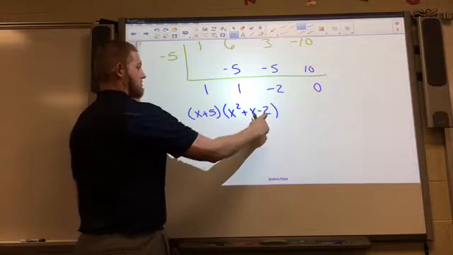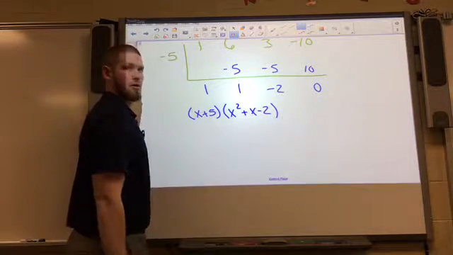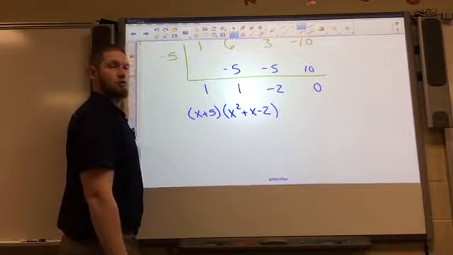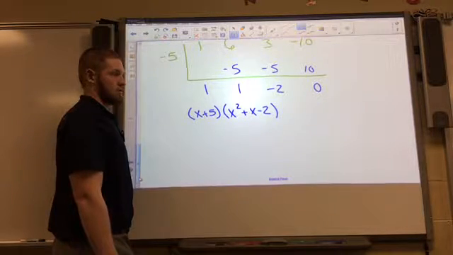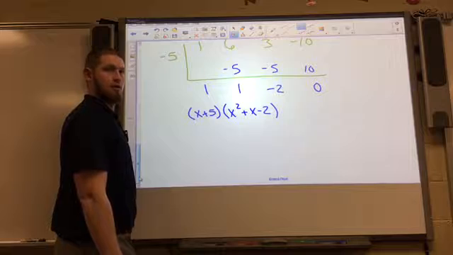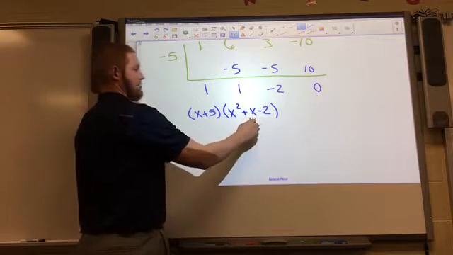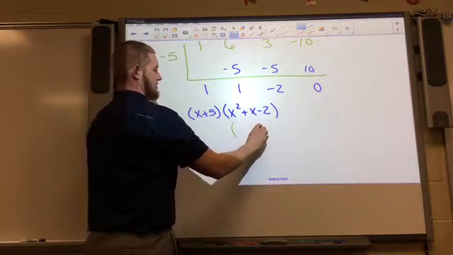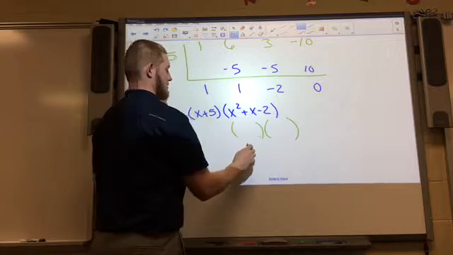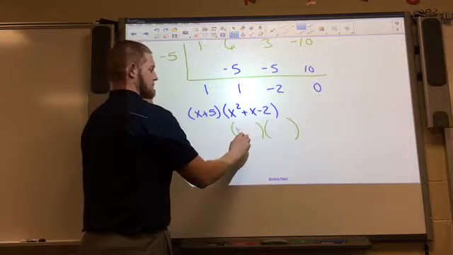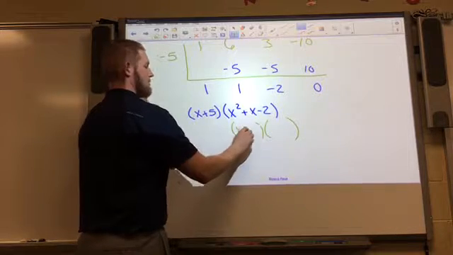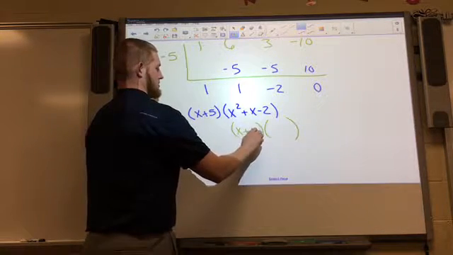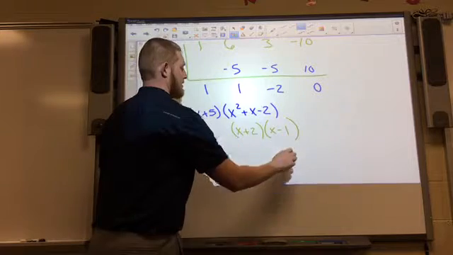Okay, Carissa, what multiplies to negative 2 and adds to positive 1? Which one's negative? Careful. Oh, negative 1, because it's got to add to positive 1, right? So then this factors to what, Carissa? X plus 2, x minus 1, yeah.